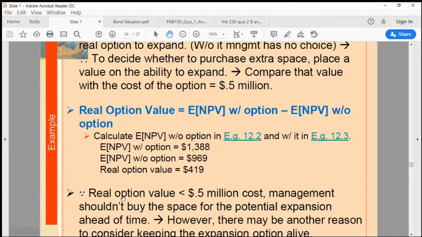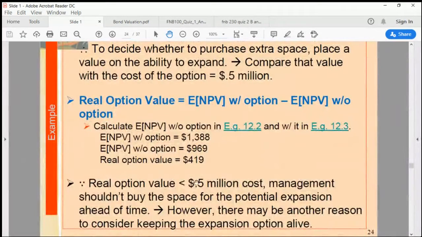That's less than $500,000. The real option value is less than $500,000, which is the cost of the option. So management shouldn't buy the space for this potential expansion ahead of time. It's straightforward. The conclusion is, it's not worth it.